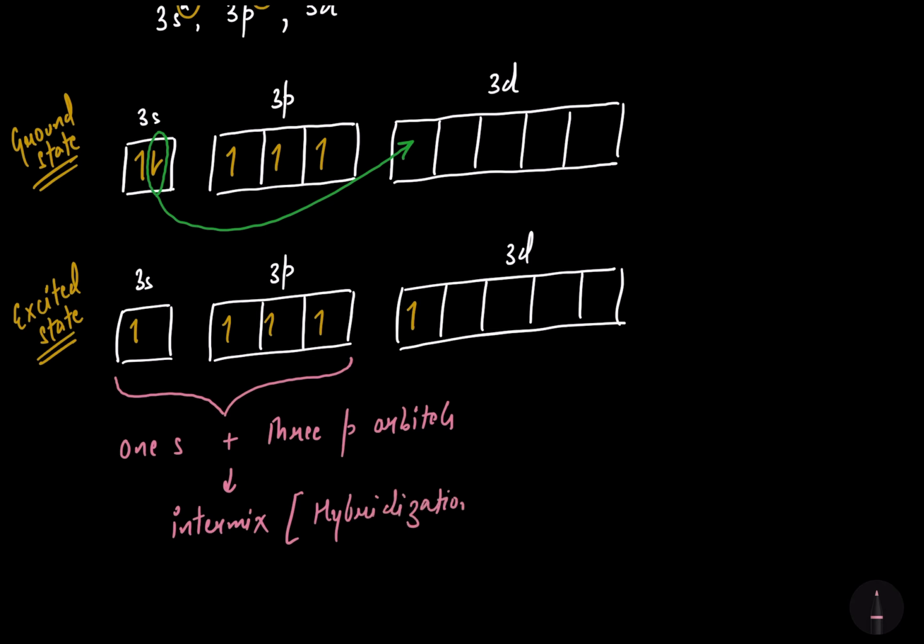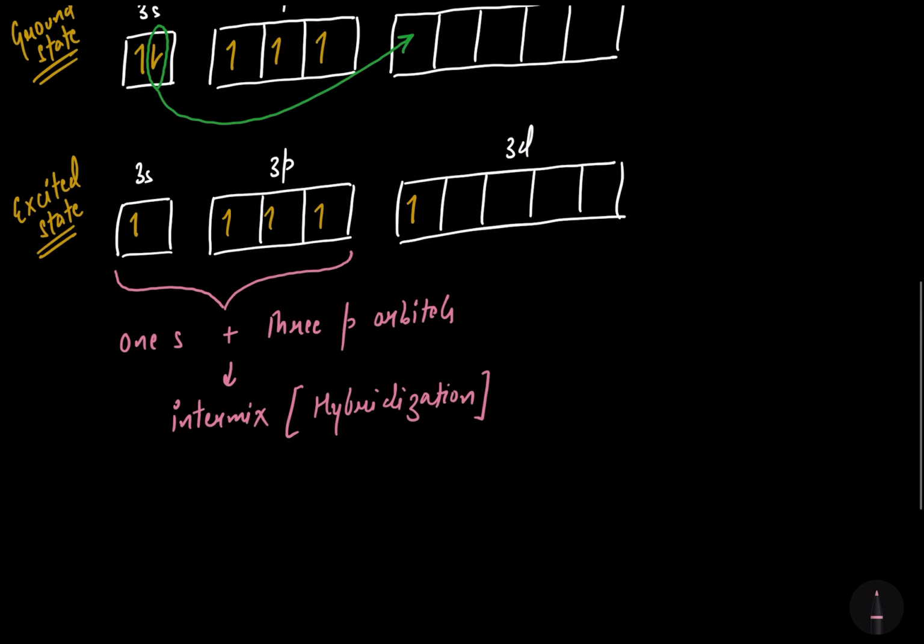After that, here we have mixed 1s and 3p. Total of 4 atomic orbitals are intermixing. So we will get 4 new hybrid orbitals. The number of hybrid orbitals obtained will always be equal to the number of the atomic orbitals mixing. Here a total of 4 orbitals, the 1s and 3p orbitals, were intermixing.